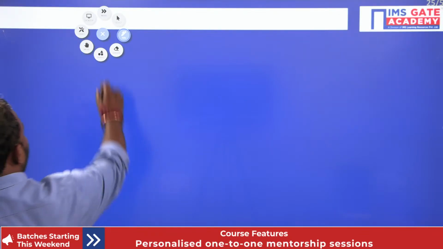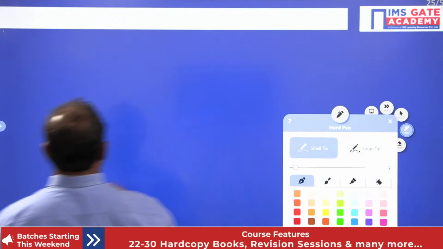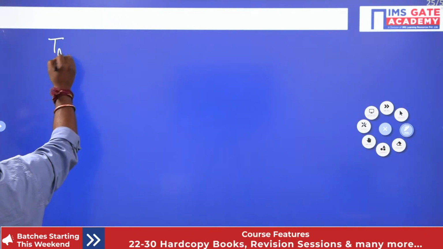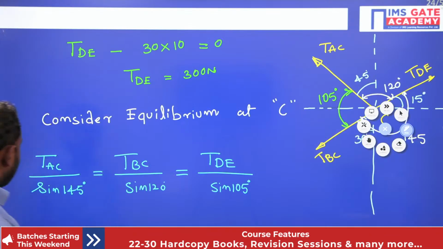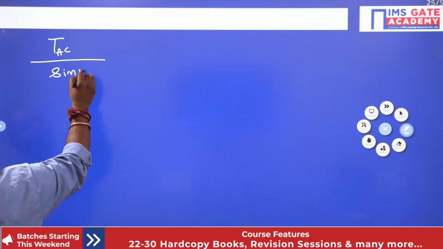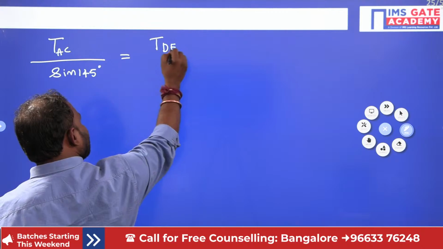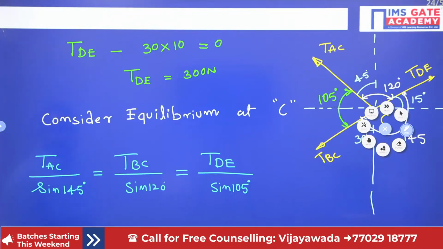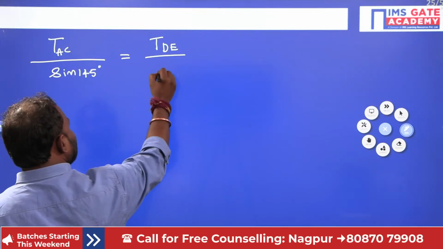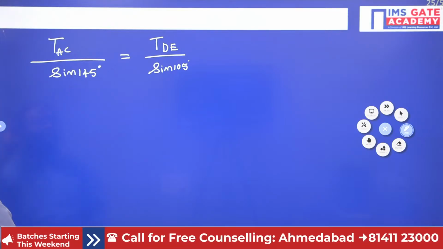Now here let me write that equation. TAC divided by sine 135 equal to T divided by sine 105 degree. Now from here, how can we do that?